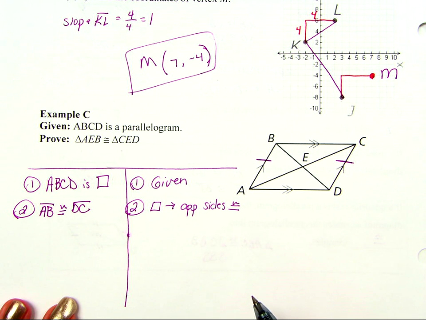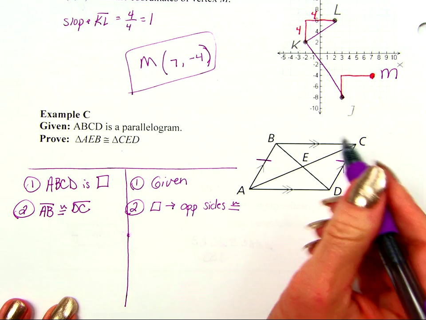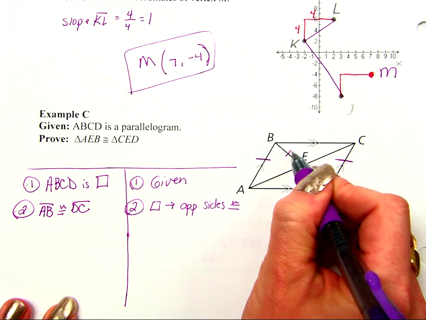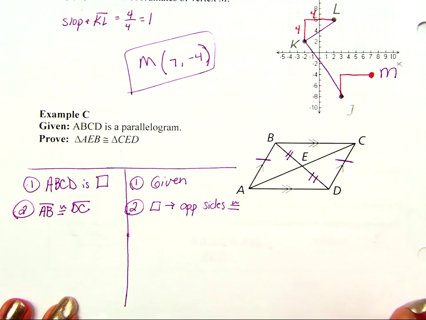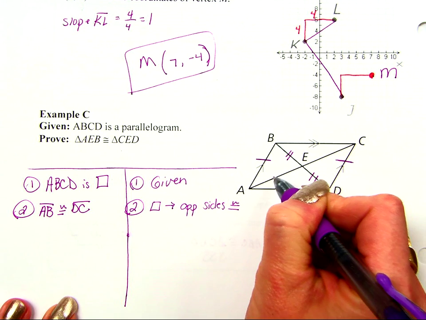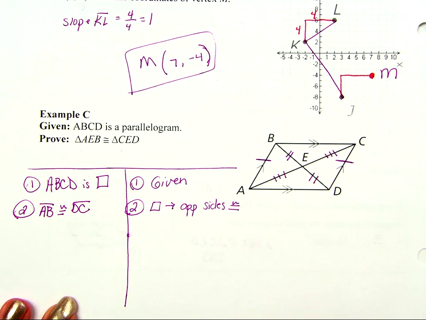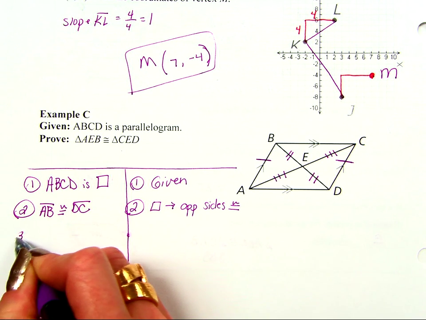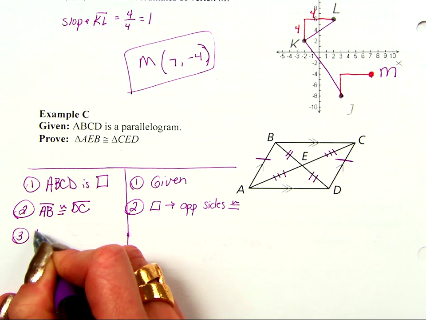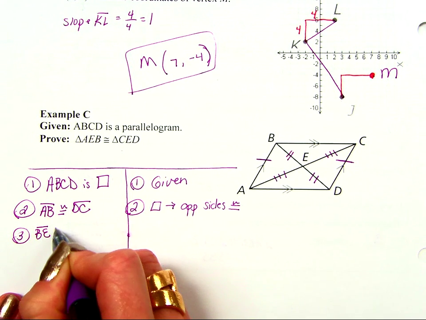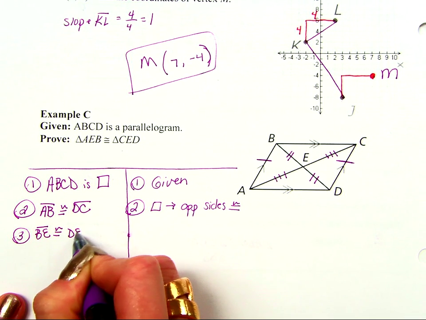What else do I know? Well, I know something about the diagonals. I know that my diagonals bisect each other. And if they're going to bisect each other, E is my midpoint. I know that this side must be congruent to this side. I also know AE must be congruent to CE. Well, I'm going to go ahead. If I make that marking, I got to put my statement down. BE must be congruent to DE.